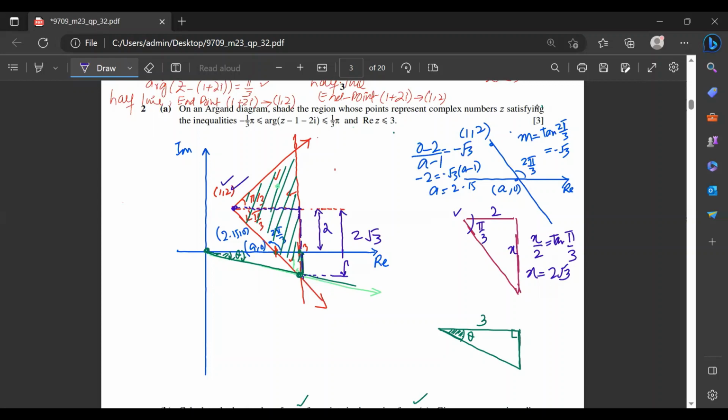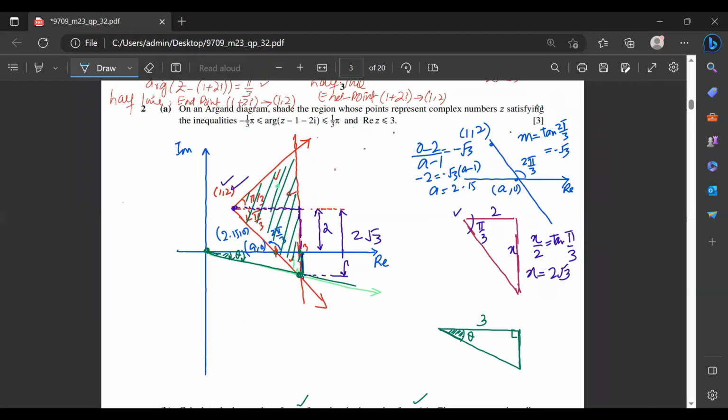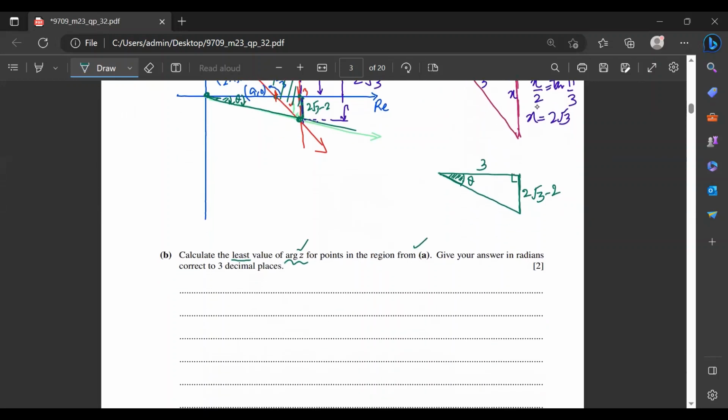So this length is bigger, which is 2 root 3 minus 2. Using these two, you can find this theta: tan of theta is 2 root 3 minus 2 over 3.